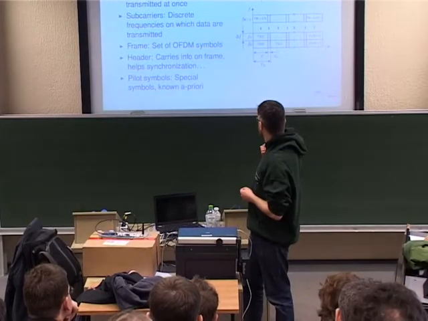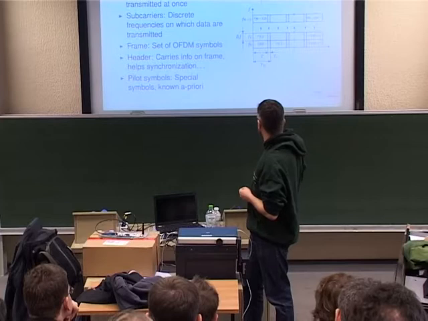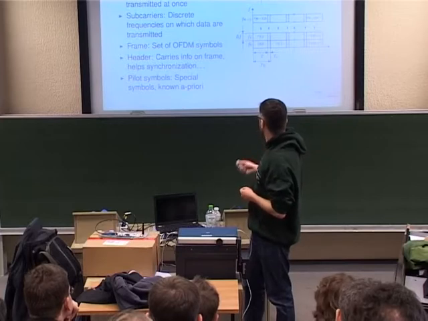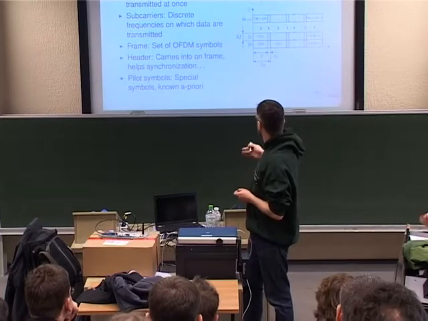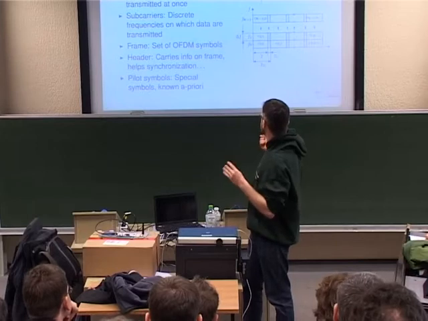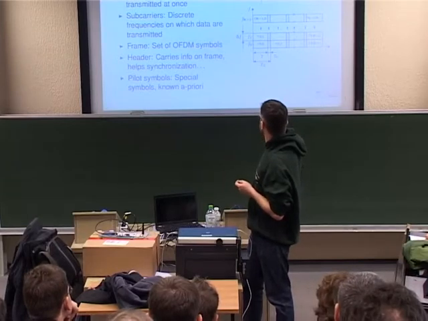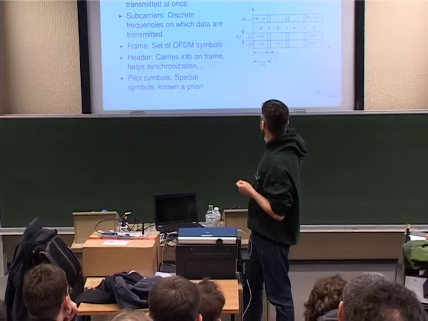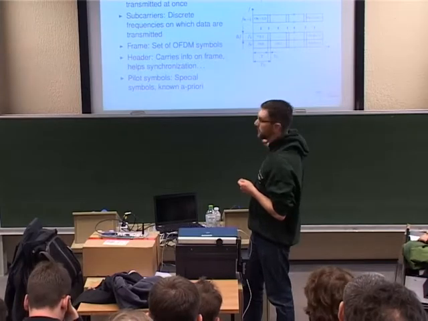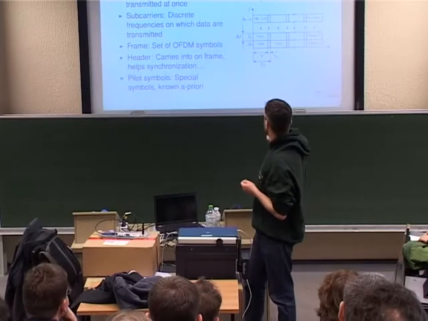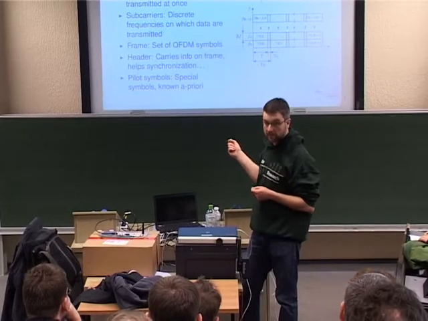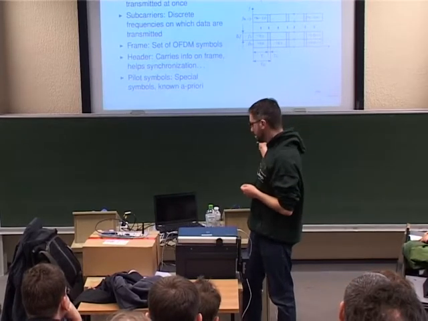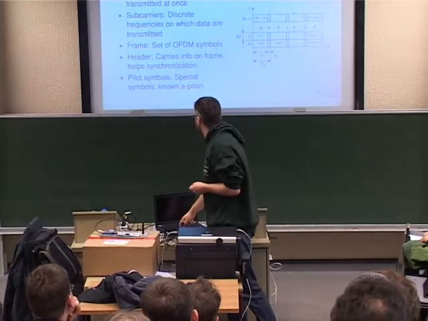You can see these complex symbols are spread out in time and frequency. If you don't know what complex symbols are, just have a look at this. You take bits, in this case 2 bits, and map them onto a complex number. This picture was copied straight out of the 802.11 standard. So this is all very, very real stuff that I'm talking about, okay?